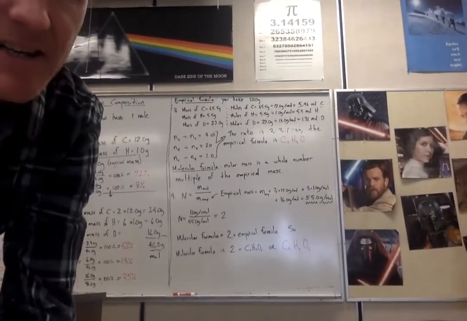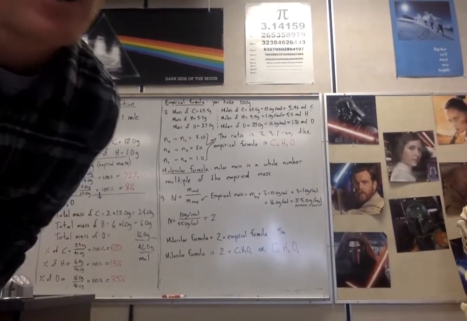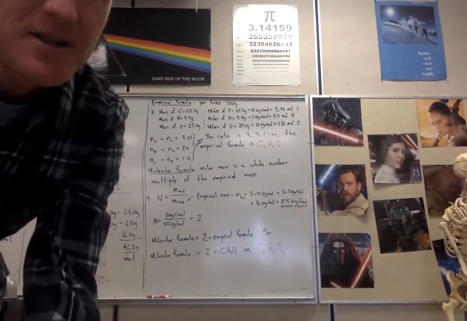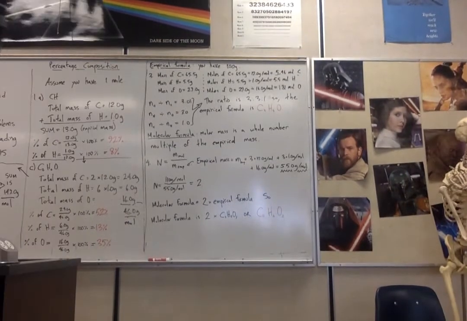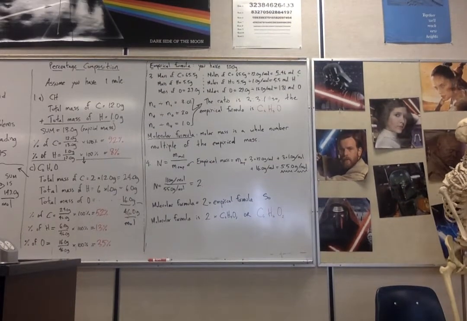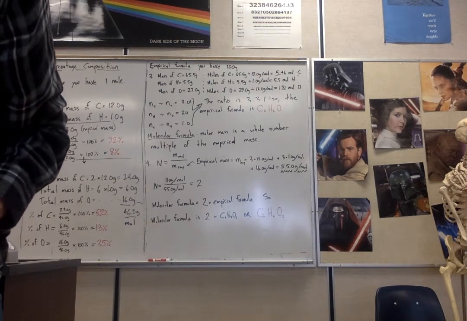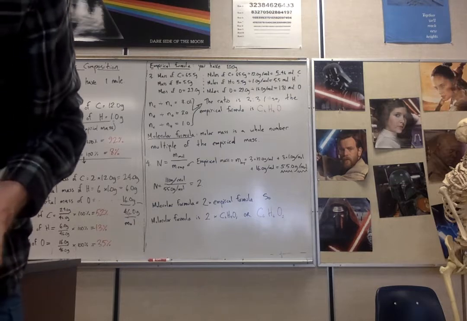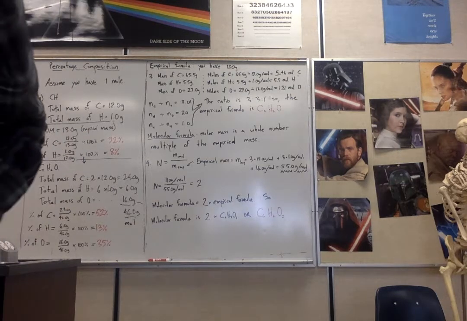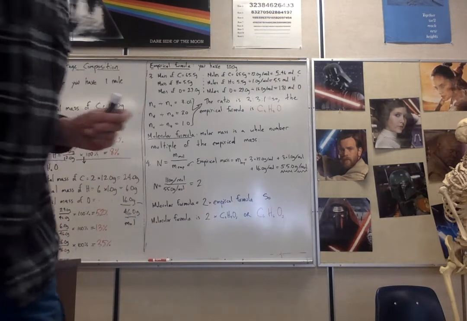And then the second step problem is to calculate the molecular formula based on some extra information. The reading for this is on pages 90 and 91, up to 93, 94 of your textbook.